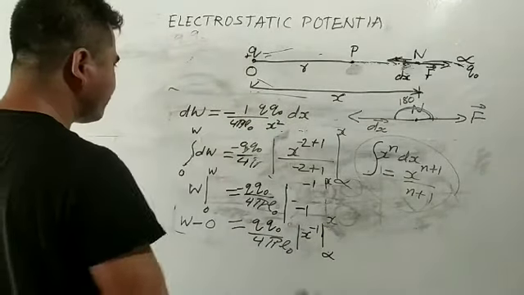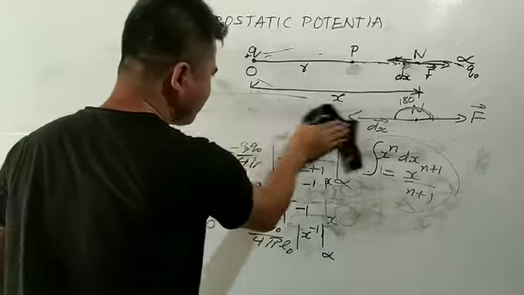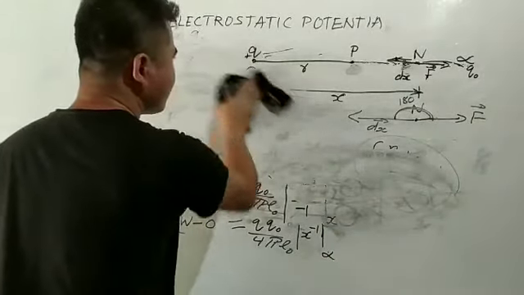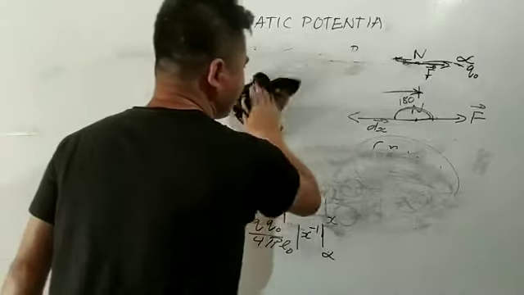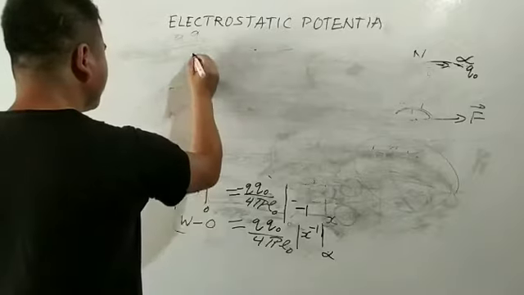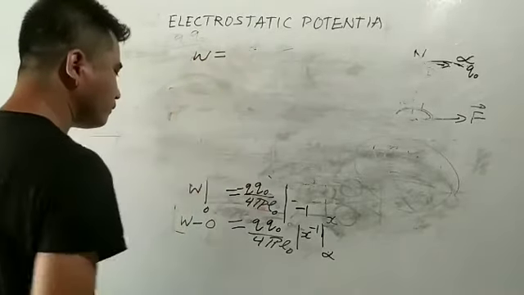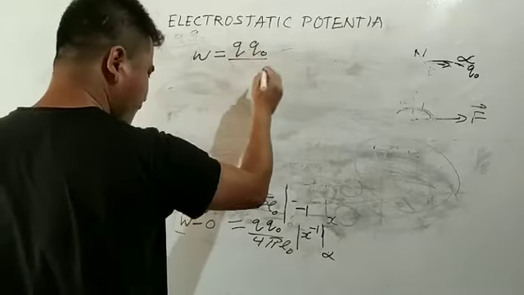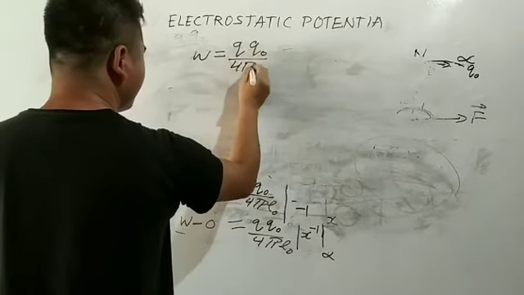Next step, W minus 0 is W, Q naught by 4 pi epsilon naught.